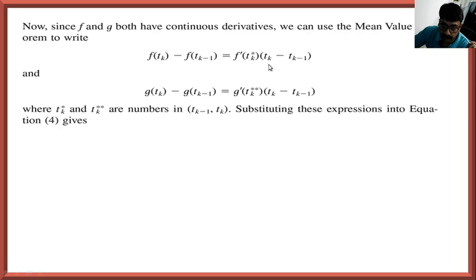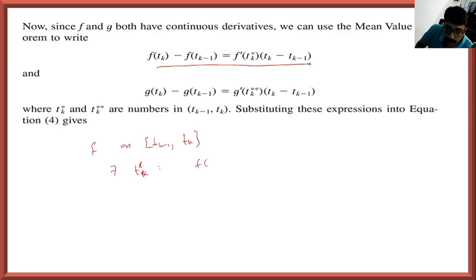In the interval t k minus 1, t k, by applying the mean value theorem of the function f, there exists a point t k star such that f of t k minus f of t k minus 1 is equal to f dash t k star into t k minus t k minus 1.